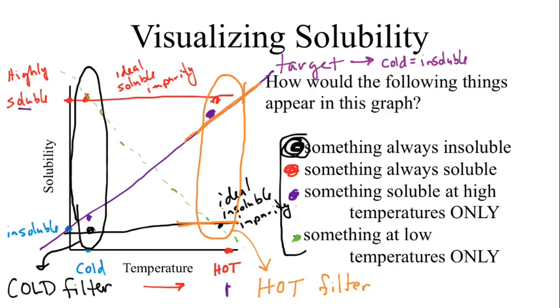I could do a cold filtration and remove soluble impurities. At hot temperatures, it better be soluble. That way I could remove my insoluble impurities. So we're really relying on that difference in solubility to purify these ideal impurities.